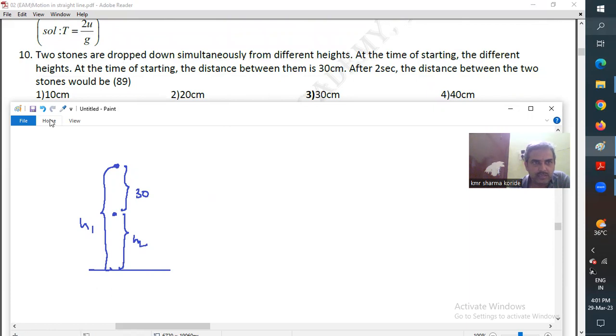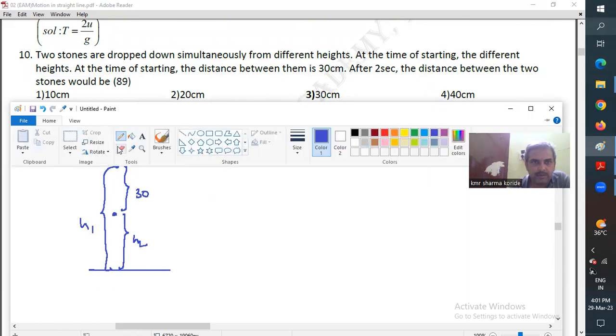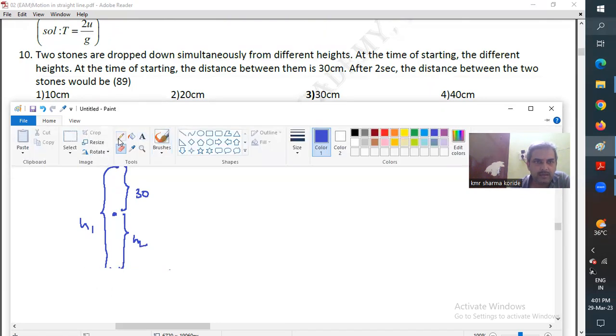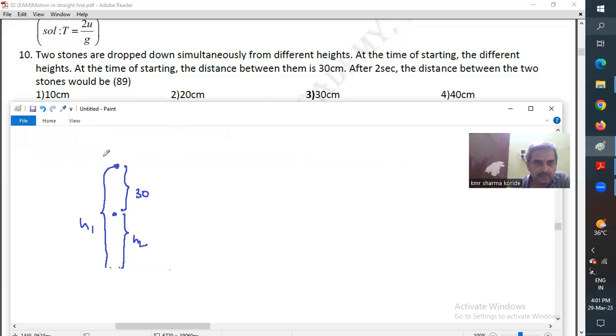Let us not say that this is the ground. Maybe they are still in motion in the air. Let us say this is the 0th position, and this is 30 meters after that. You need to find the gap between them after 2 seconds. First let us find h1.